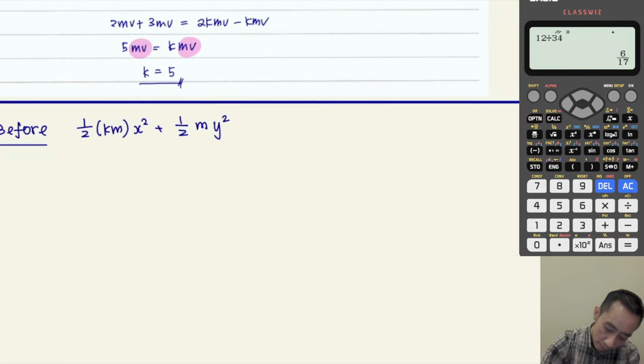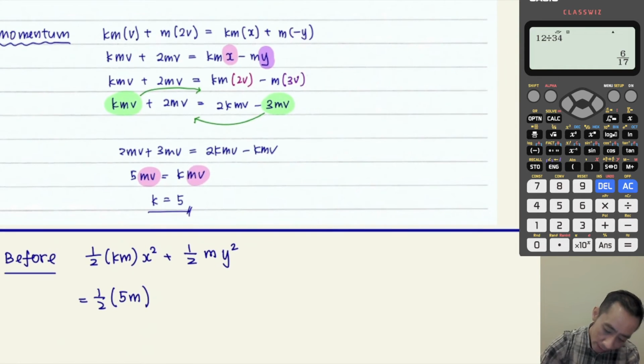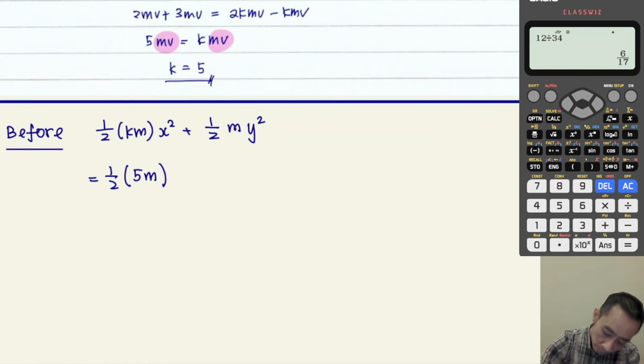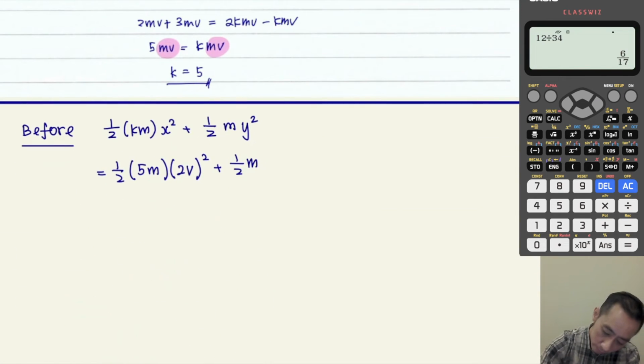For this one, we have found that k is 5, which means 1 over 2, 5m, and then x we have found is 2v, and then plus 1 over 2 m, the y is 3v, so 3v squared.